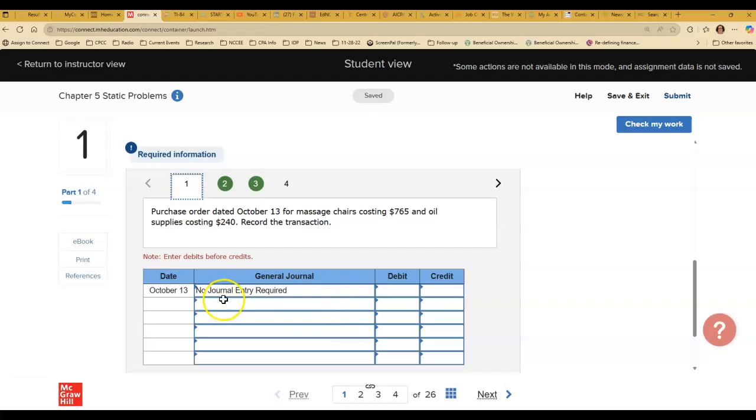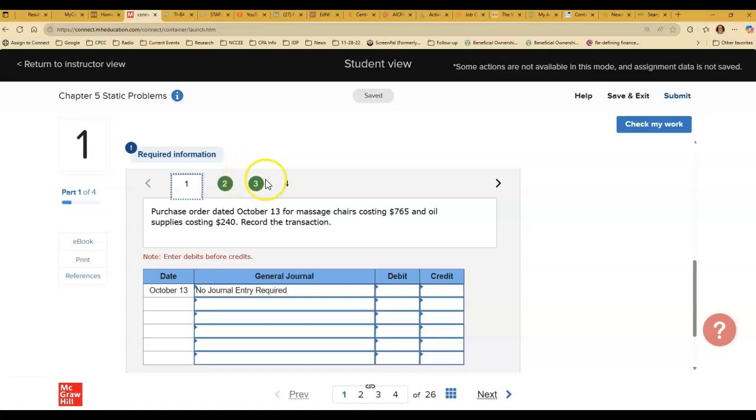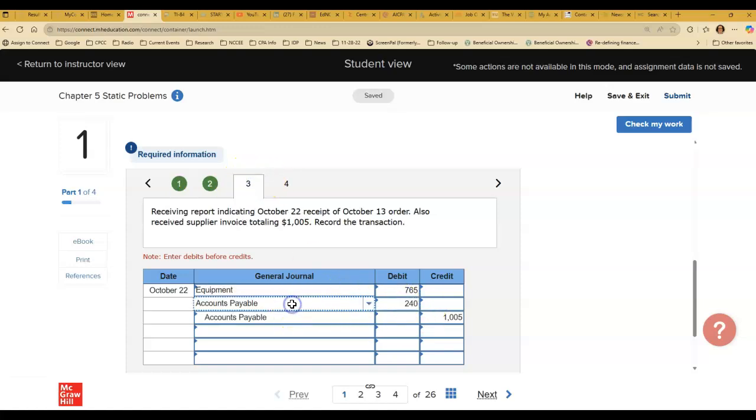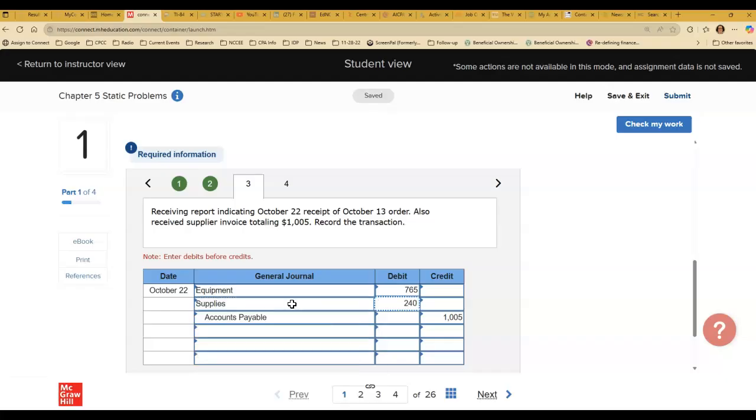So $765 on the chairs. And we need to move this down. And this is going to get $240 for the supplies. Sorry. There we go. Good call.